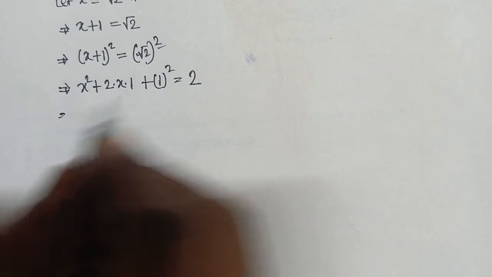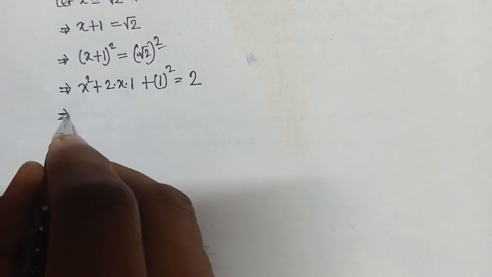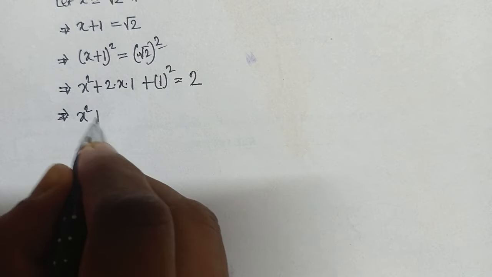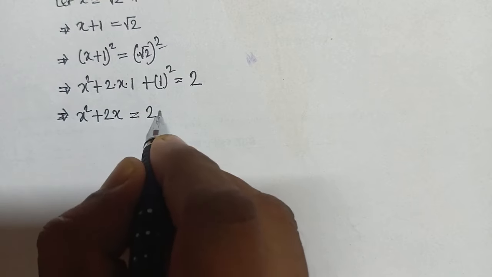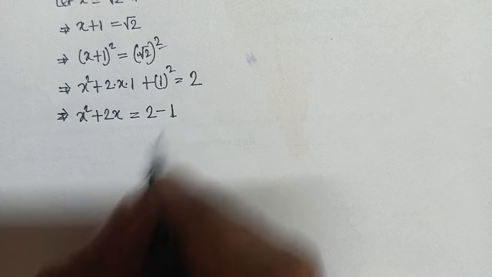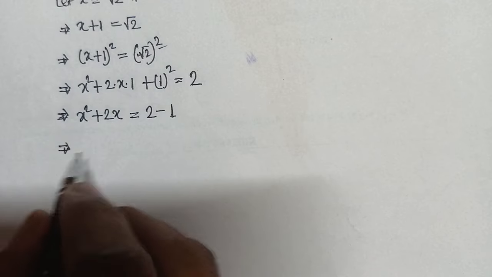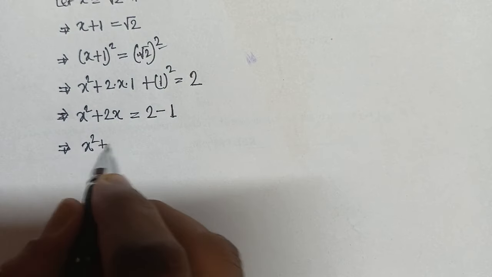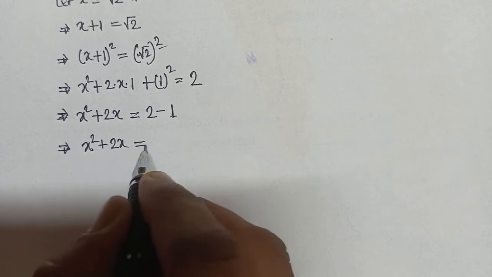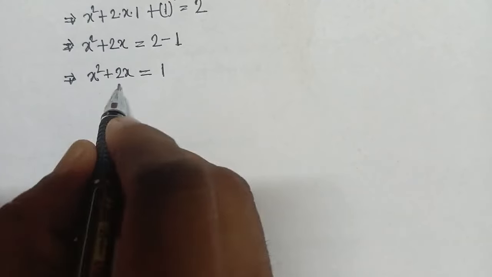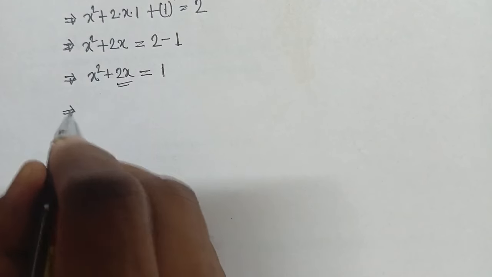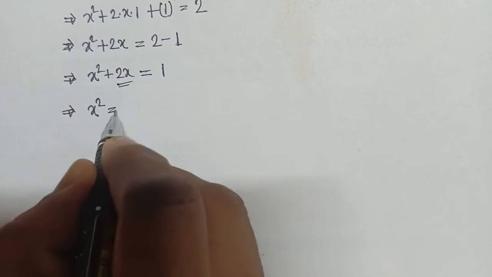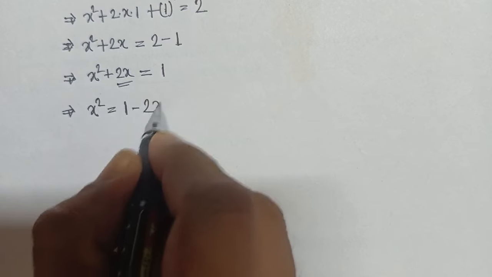If we move this 1 to the right-hand side, we get x² + 2x = 2 − 1. Then we can write x² + 2x = 1. Now if we move this 2x to the right-hand side, we get x² = 1 − 2x.